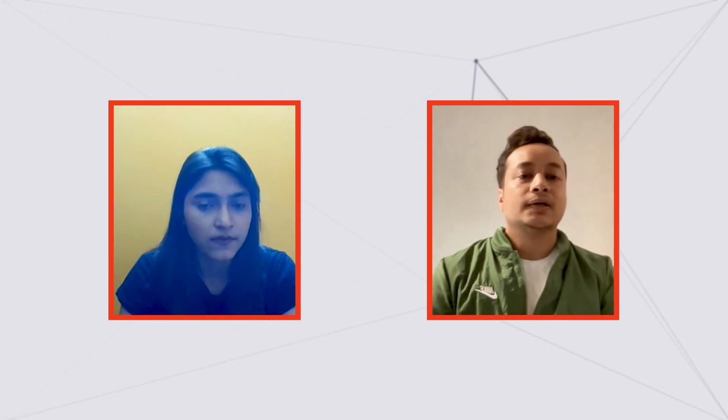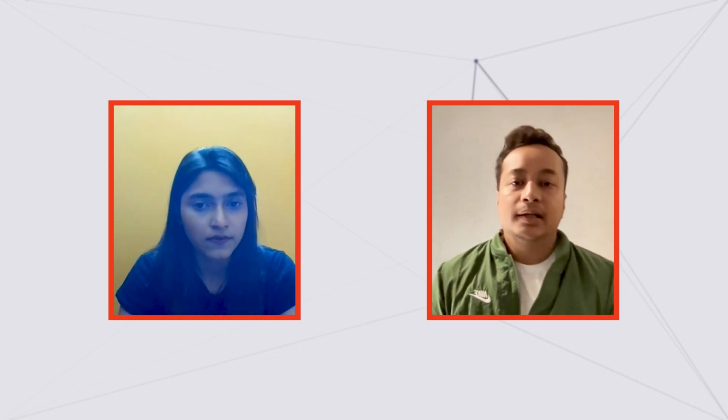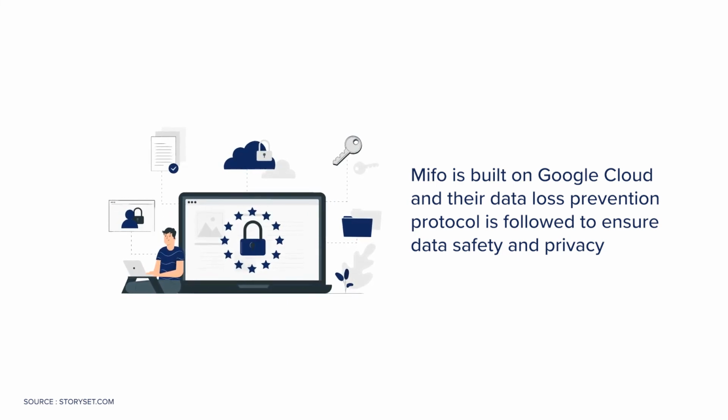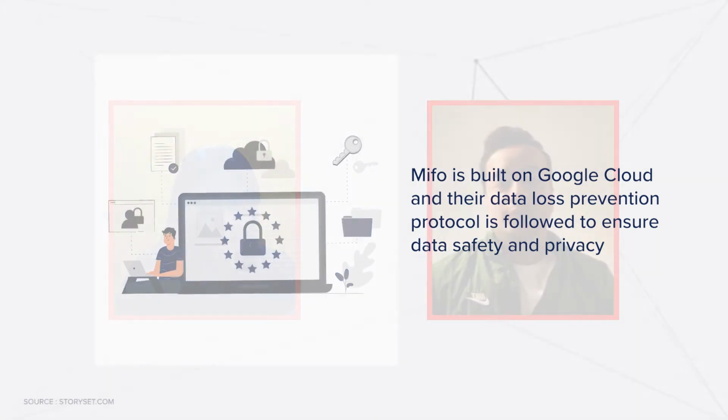And considering the nature of these data requirements, there are a lot of concerns that people have, because advertising ID is basically a device identifier, and there is a lot of privacy safety related nervousness across the board, right? So what we've done with MiFo is we've built it on Google Cloud, and we follow their data loss prevention protocol to make sure that, first of all, the data that comes to us from our clients is safe, and there is no possibility of any sort of leakage to areas where it's not being used, right?